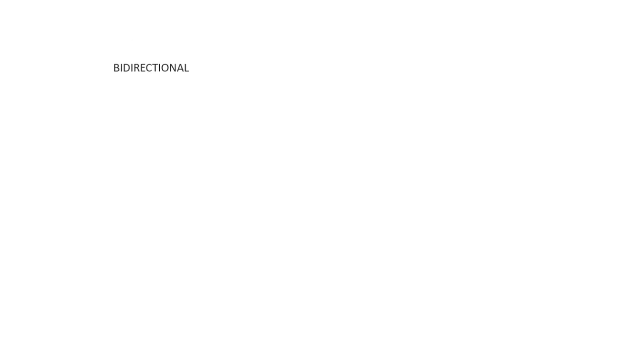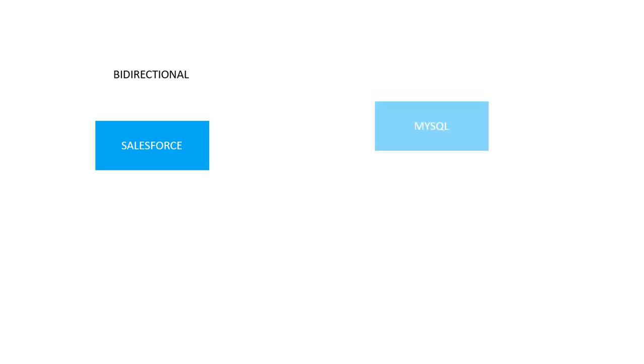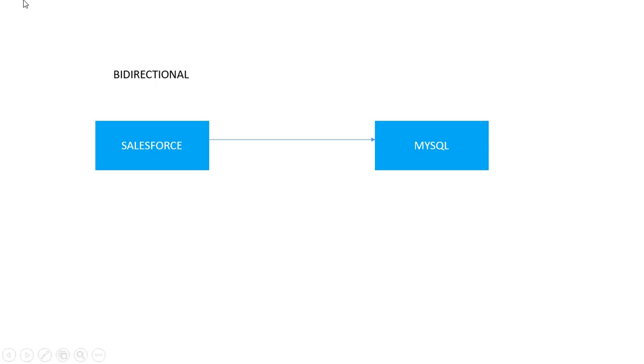For example, take Salesforce, a customer relationship system, and MySQL. In Salesforce there are many objects, and each object has different contents. We share the information in Salesforce to MySQL, and from MySQL we share our information back into Salesforce.